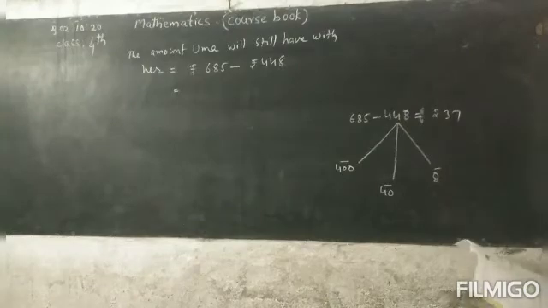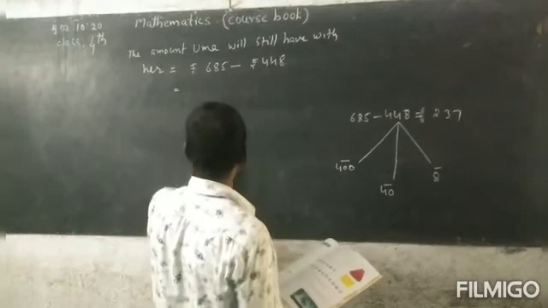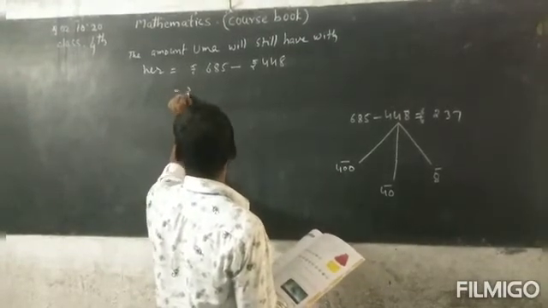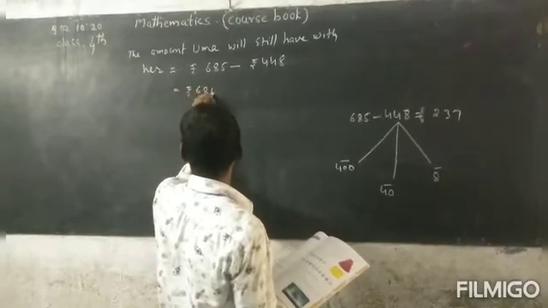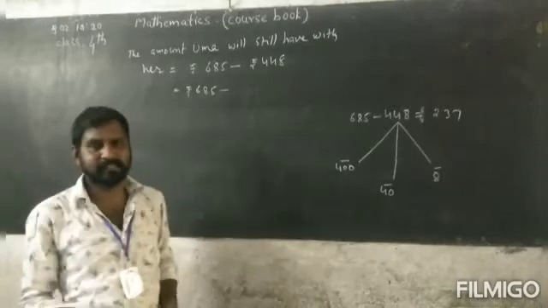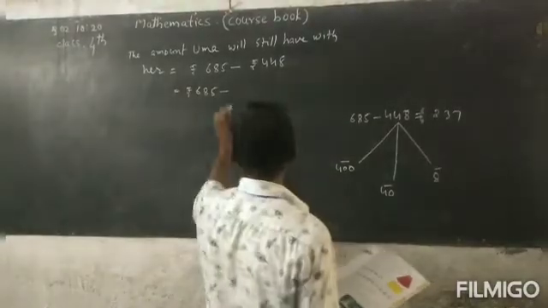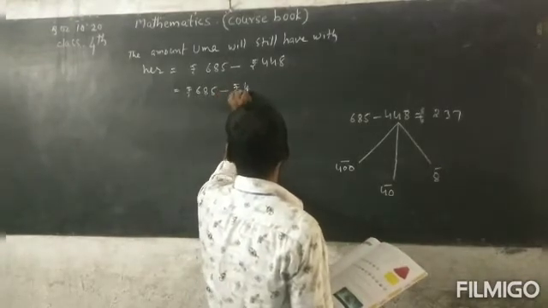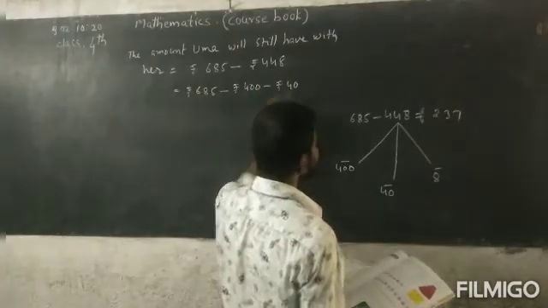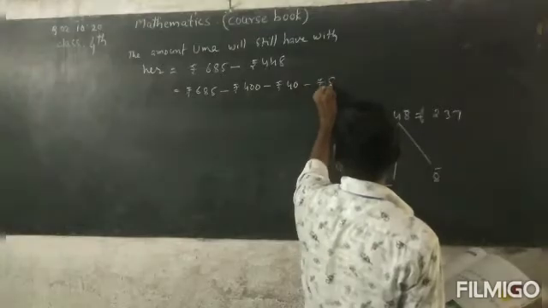Listen carefully, everybody. See here, you can write rupees 685 minus, 4 is in the hundreds place, then the face value, what? 400. Then you can write minus 400, minus 40 because 4 is in the tens place, 4 tens is 40, and minus 8 rupees.